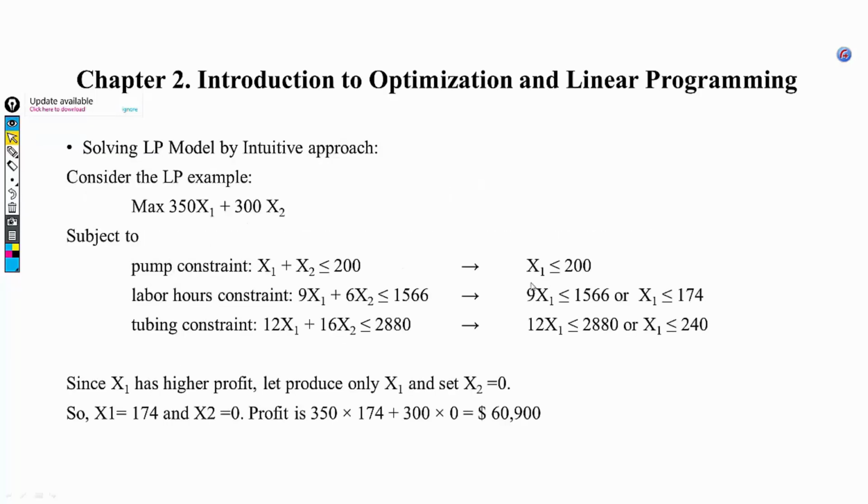Remember, in the intuitive method, the reason that we choose x1 when x2 is 0, x1 is 174, is that this number satisfies all the constraints.